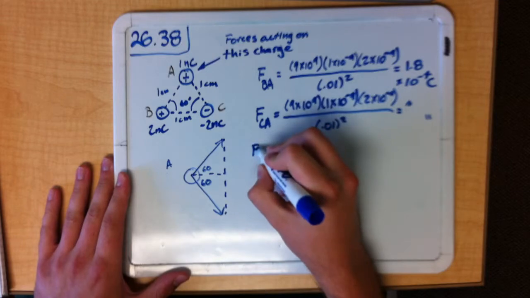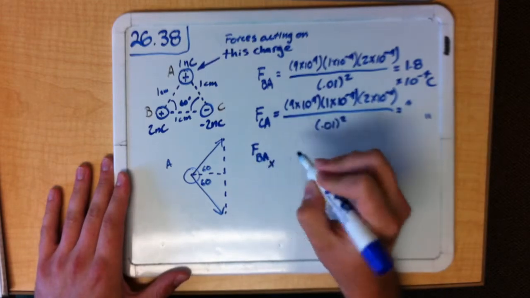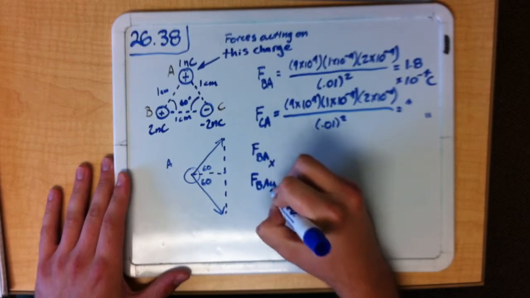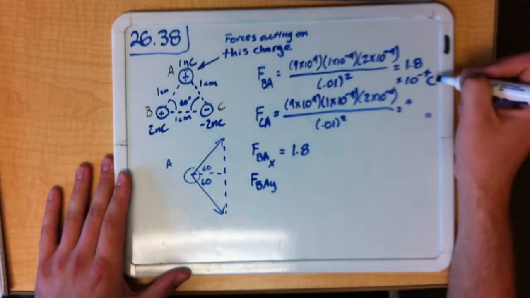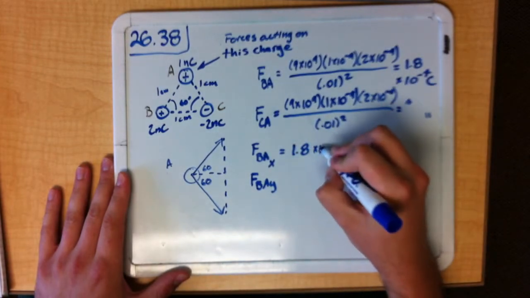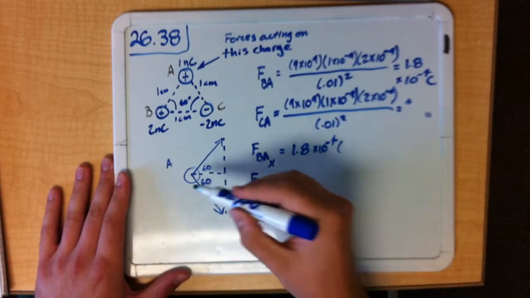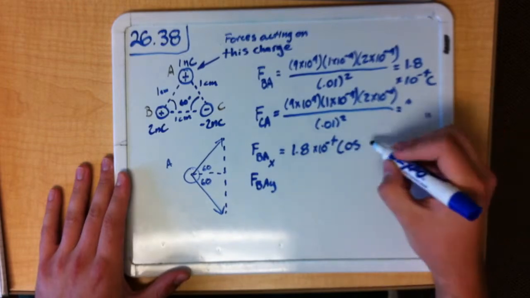So we have the force from B to A in the x direction, and the force from B to A in the y direction. And this is 1.8 times 10 to the negative 4th. Since it's in the x direction, it's going to be the cosine, so cosine of 60 degrees.